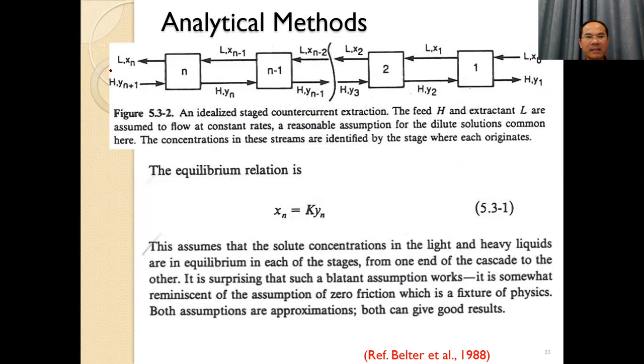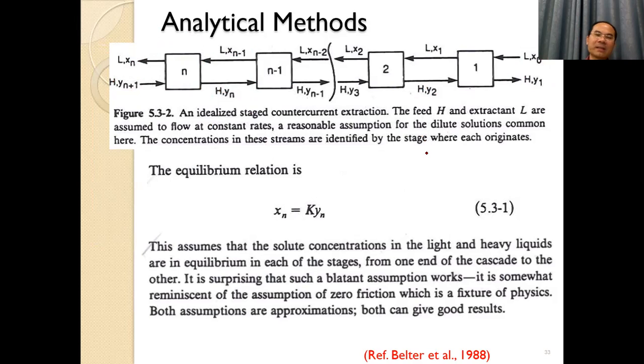R as L or Xn. For example, feed to stage n is Syn+1, R as Syn. The light phase feed at Lx n-1 or Lxn, for example. Feed to the first stage is Sy2, R as Sy1. Feed solvent is Lx0, R as Lx1, for example.